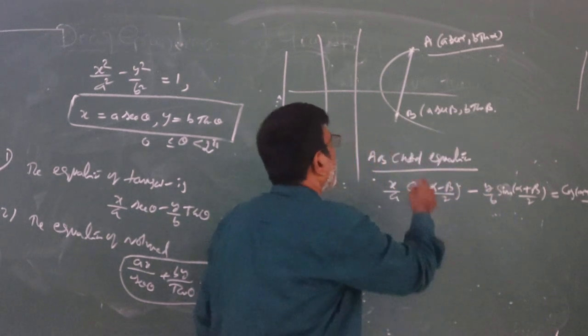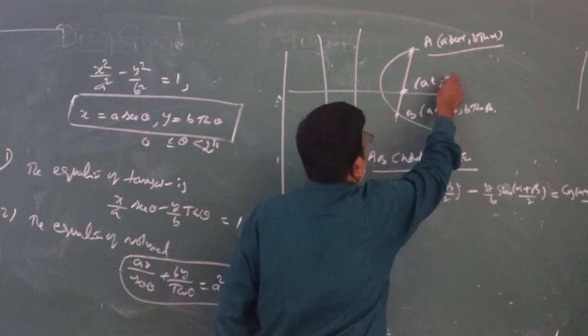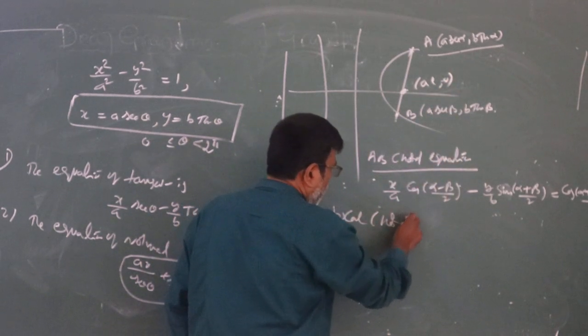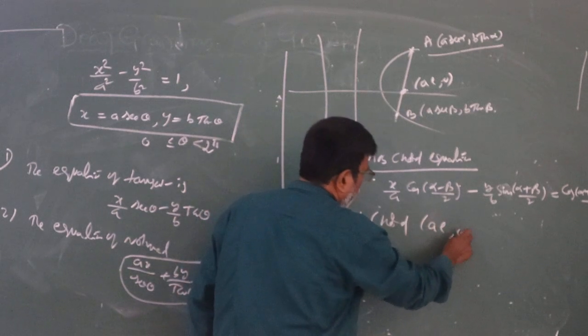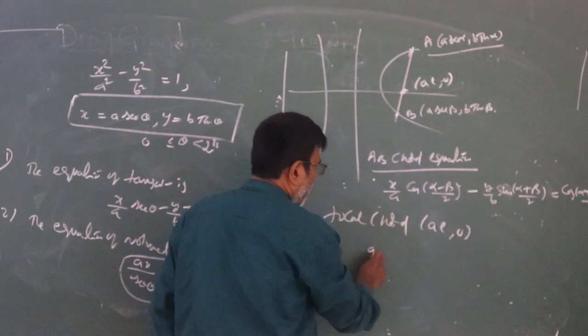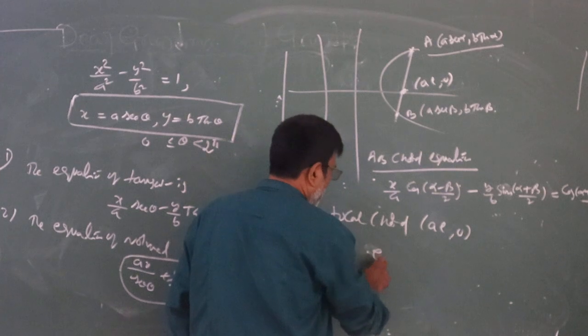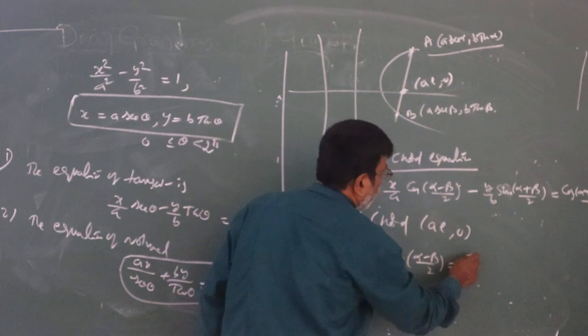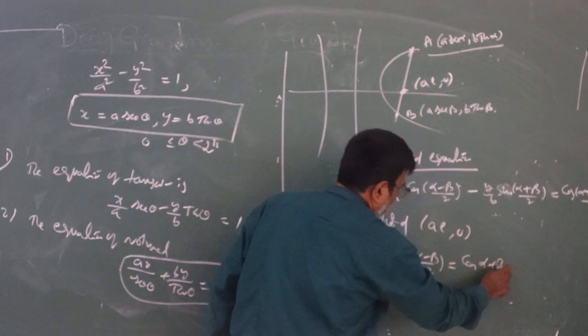If it is a focal chord, meaning passing through (ae, 0), substitute (ae, 0), so we get e into a, a cancels, e cos((alpha minus beta) by 2) equals cos((alpha plus beta) by 2).